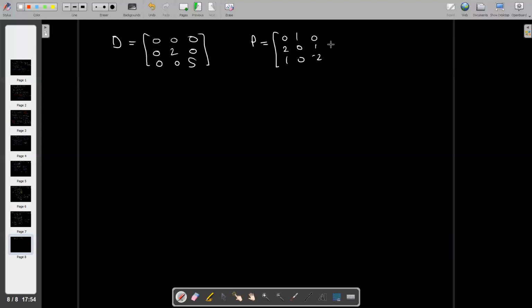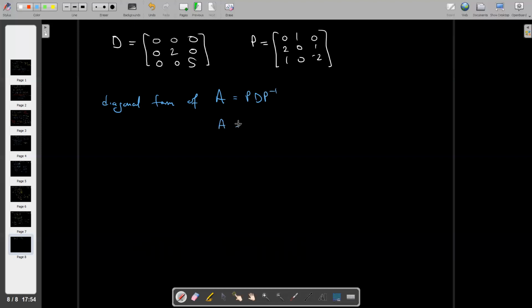Okay, so recall that the diagonal form of the matrix A is going to be equal to P D P inverse.